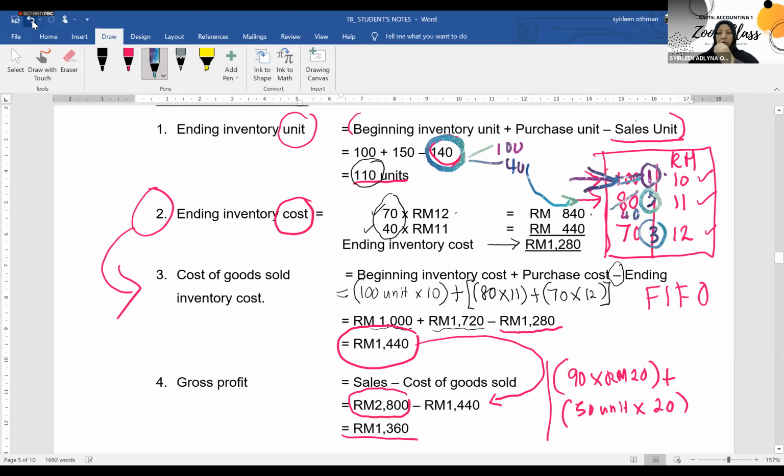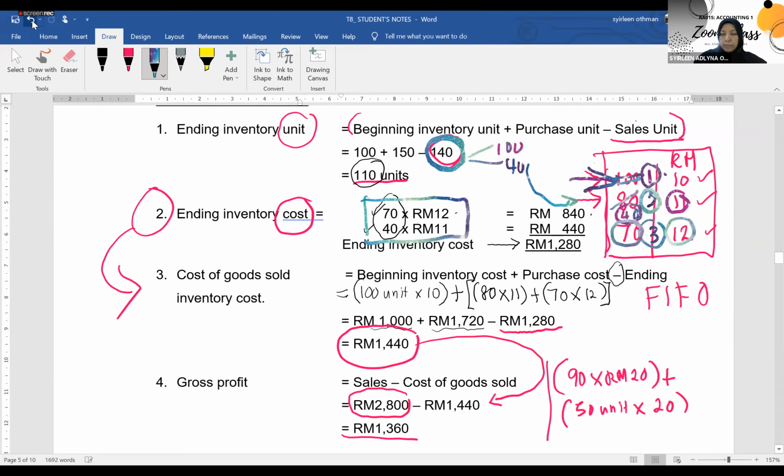Okay, so bila tutup account bulan April, berapa inventory akhir yang you masih ada? You masih ada 40 unit yang you beli pada harga RM11 tadi, and you masih ada 70 unit yang you beli pada harga RM12 tadi. You get that? So that's how I get my ending inventory.